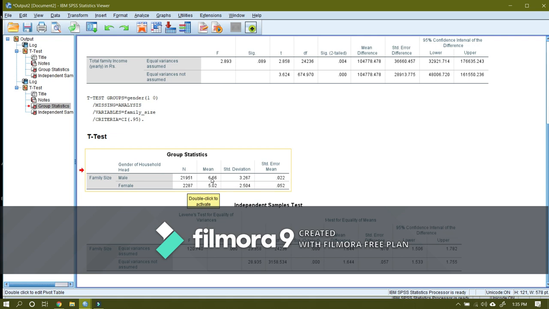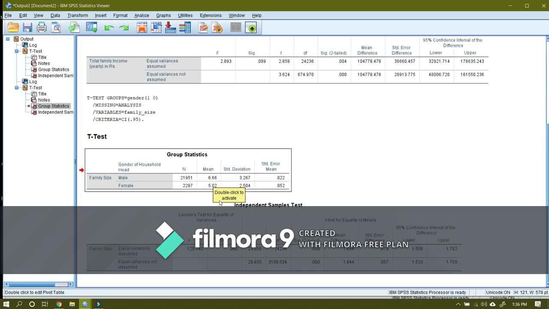The average size of the family for the male headed household is 6.6, and that for the female headed household is 5.02. So there is a difference of more than 1. So we cannot conclude from this.